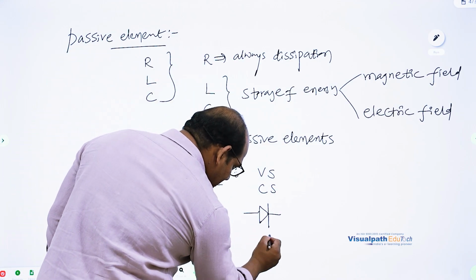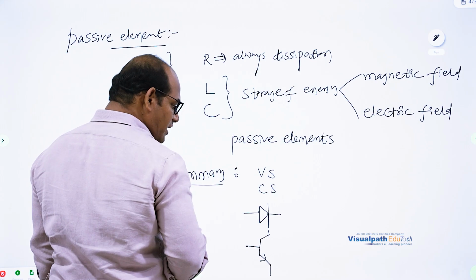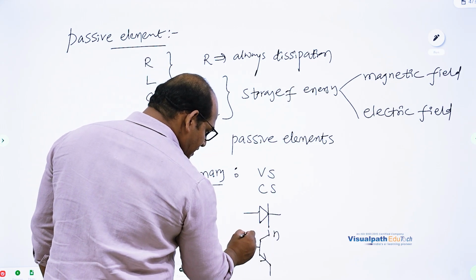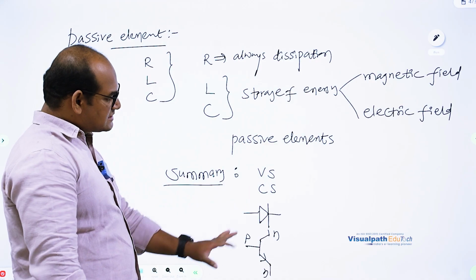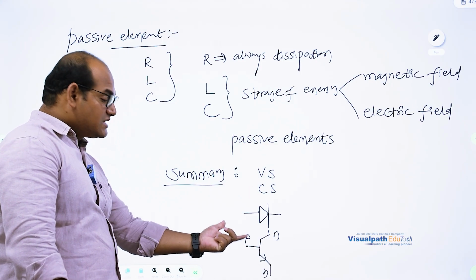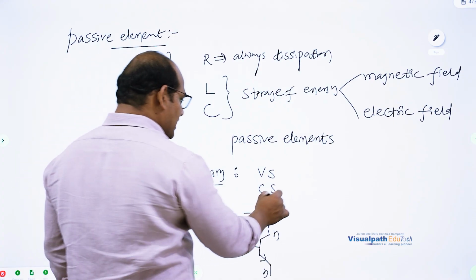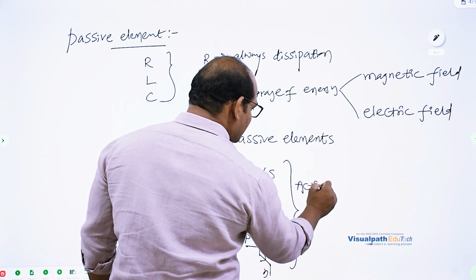And BJT, the BJT symbol now I am giving, it is one of the BJTs. Okay, this is actually an NPN transistor, NPN bipolar transistor. Okay, you will see all these things later. So this is also an active element only because it can be used as the amplifier. Okay, so all these things are active elements because of different reasons.